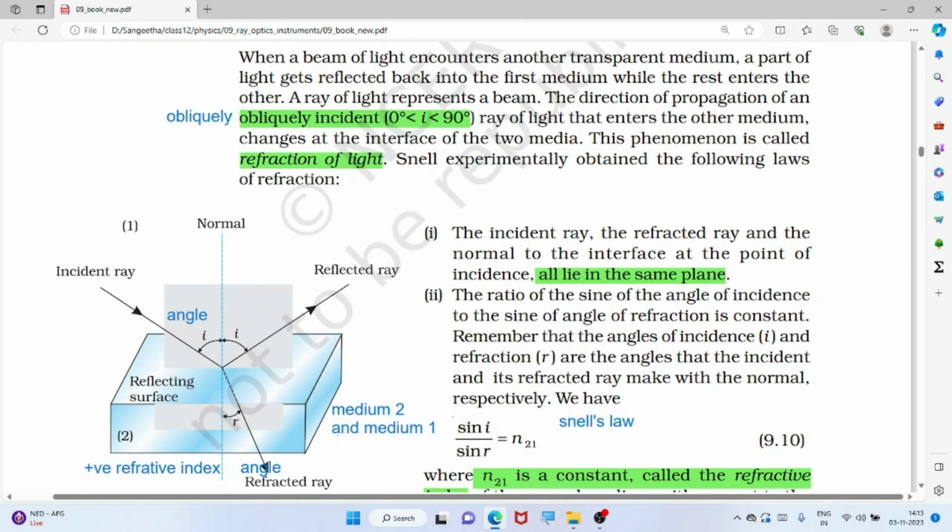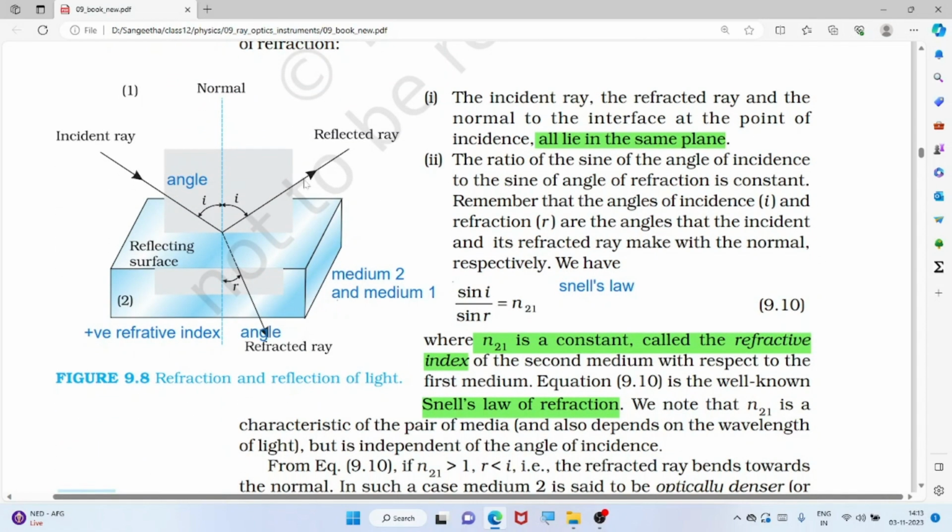Refraction obliquely means the angle is between 0 and 90 degrees. This is the incident angle, this is the reflected, and this is the angle of refraction, r, for the positive refractive index.